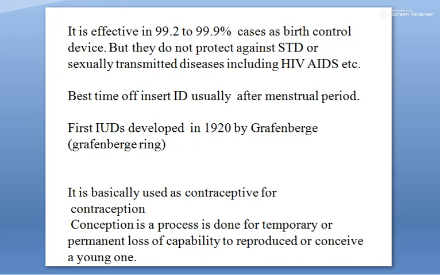Basically these devices are of two types: the medicated IUD and the non-medicated IUD. Medicated IUDs are those that are capable of delivering pharmacologically active agents, basically anti-inflammatory drugs, through these devices.